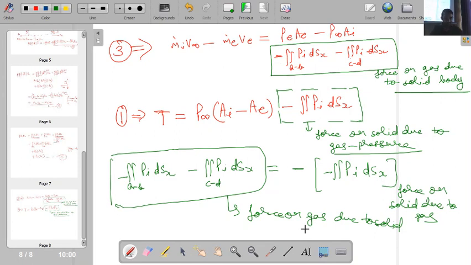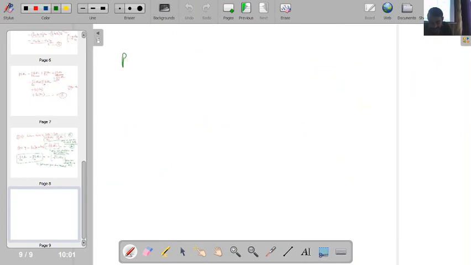So it means this last term of, say, equation number A, and say this is equation number B. So the last term of equation A is nothing but minus of the last term of equation B, or in other words, the last term of equation B is minus of the last term of equation A. So now I will substitute minus of this term from equation A into equation B. Is this one clear? So if I do so, then what will I get?